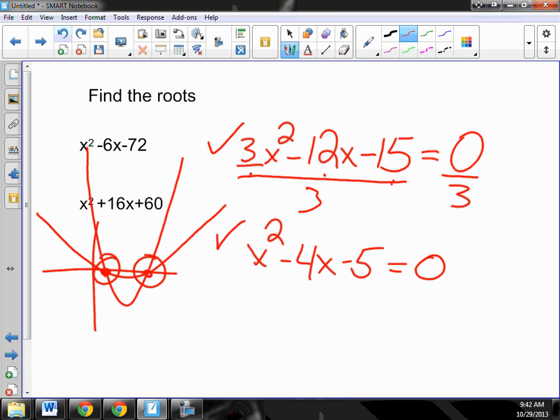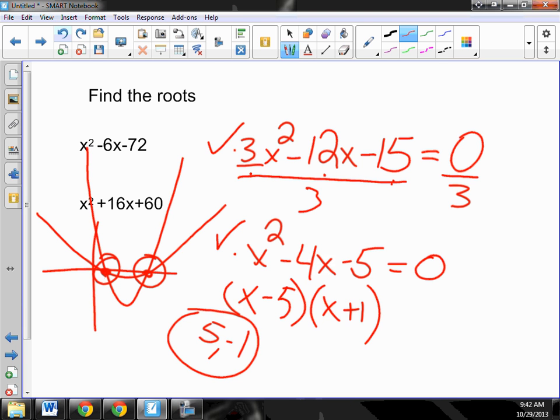So we're allowed to do that. You're allowed to divide or multiply by any number you want, as long as all you care about are the roots. Because it's certainly going to change the graph, but it won't change the roots. All right? And then we could factor this, x minus 5, x plus 1. So it actually touches at 5 and at -1. So this graph and this graph have the same roots.